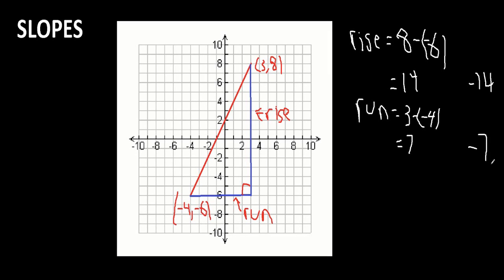It wouldn't matter because we're just going to end up dividing the rise and the run, and the signs wouldn't change. So all you have to do is make sure that the order is consistent. If you're starting with 8 here, then you also have to start with 3 with your run. You can't start with 8 here and then start with negative 4 here.